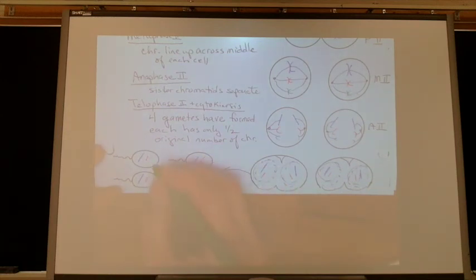So what I want you to do is compare these 4 final cells that you get with the original cell at the very top. And notice that each little sperm is identical to the original cell, except it only has half the chromosomes. But it has the right half. It's got 1 blue, 1 red, 1 green. Not like 2 blues and a red. It has to have 1 blue, 1 red, 1 green. And that's what meiosis does.